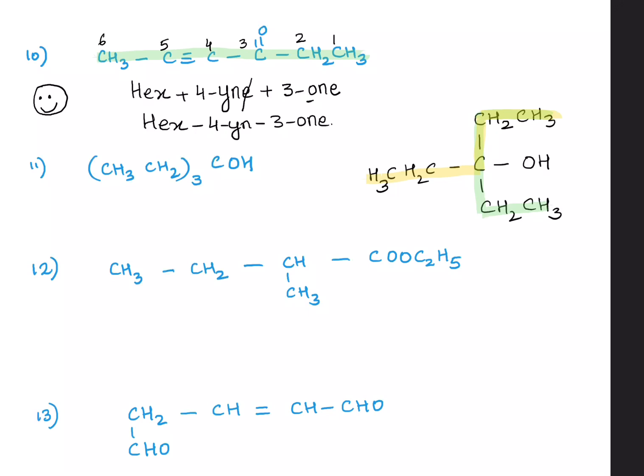Yes, it is correct this way as well, because in both the chains, if you notice, you have 1, 2, 3, 4, 5 carbon atoms. There's another possibility. You could have highlighted this chain. So you have 1, 2, 3, 4 and 5. Correct? Whichever method you follow, you're going to get 5 carbon atoms.